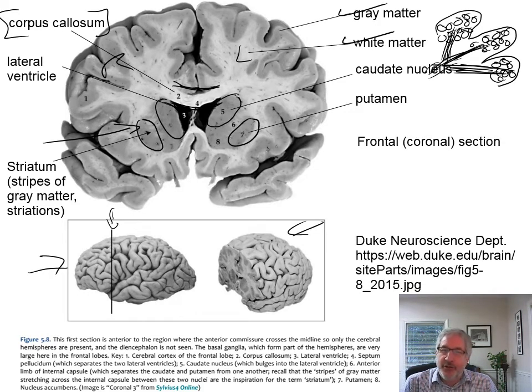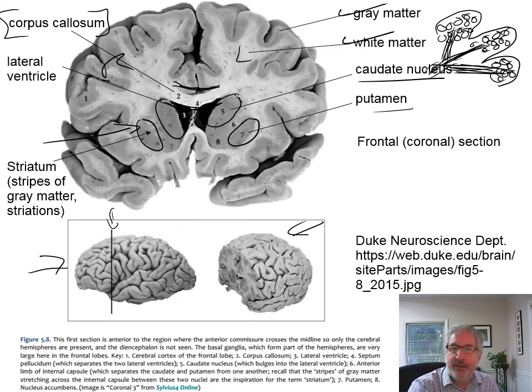That part is called the striatum, stripes of gray matter going across the white matter. Those two regions, number 5 and number 7 here, are the caudate nucleus and the putamen. Those are two nuclei of nerve cell bodies deep within the brain.